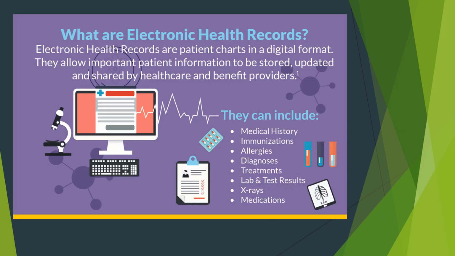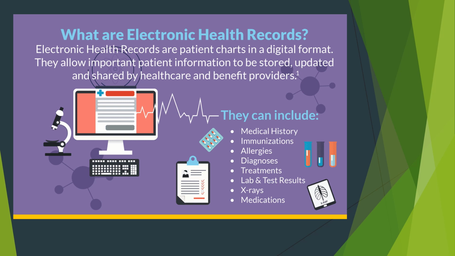What are electronic health records? Electronic health records are patient charts in a digital format. They allow important patient information to be stored, updated, and shared by healthcare and benefit providers.